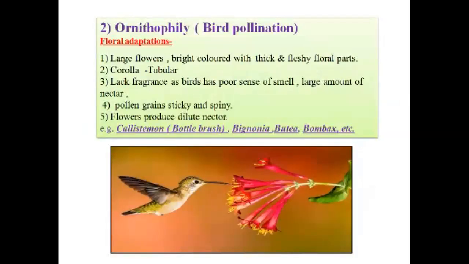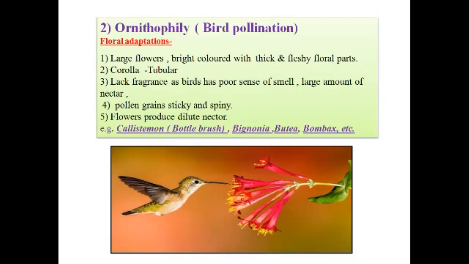Then the second type is ornithophily, pollination by birds. Ornithology is the branch of biology that deals with the study of birds. So in ornithophily, pollen grains are transported from one flower to another by birds. What are the adaptations for ornithophily? The flowers are large, bright, and attractive.